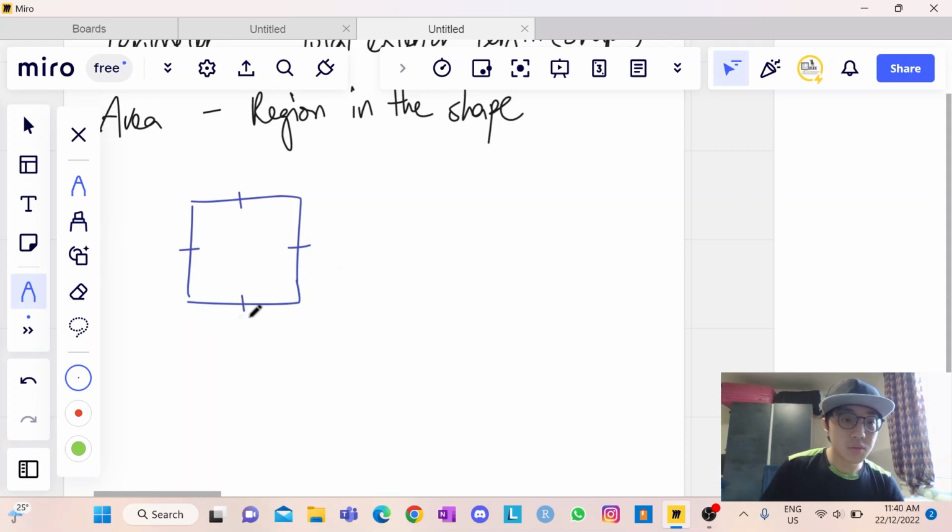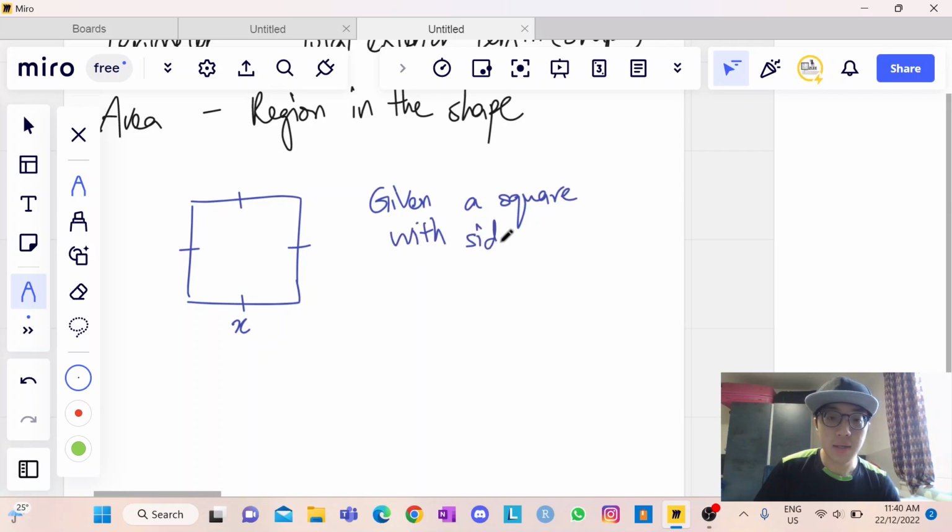All right, so I will name this length x. All right, so in question terms, it will usually say given a square with side x. All right, so if you see this, then you must know all the sides are equal because it's a square. Then you have x at every place.